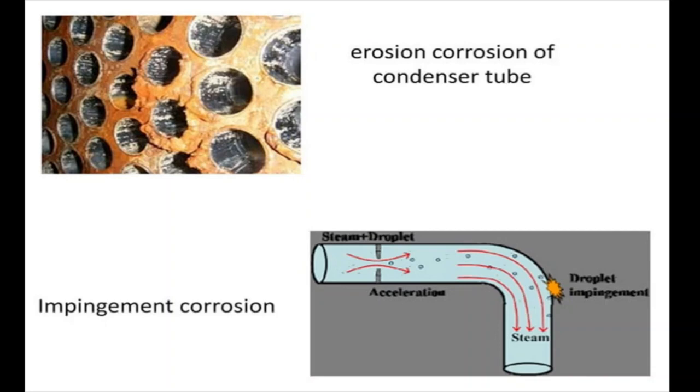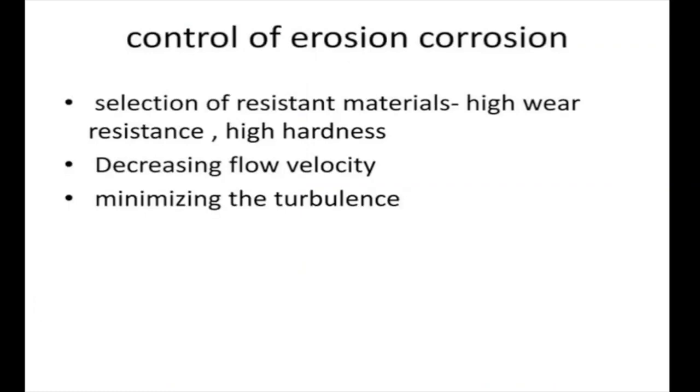The droplets will burst onto the side walls and cause loss of physical material, mostly metallic material, and the steam will pass through, and due to the high temperature and the medium, the corrosive effect is accelerated.